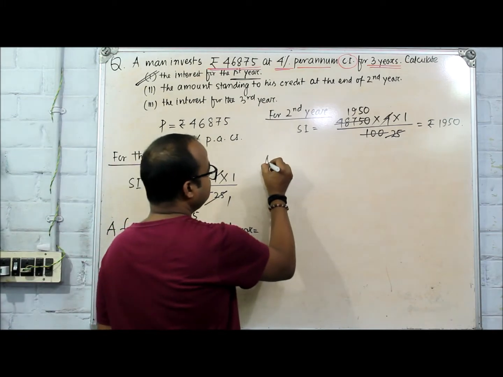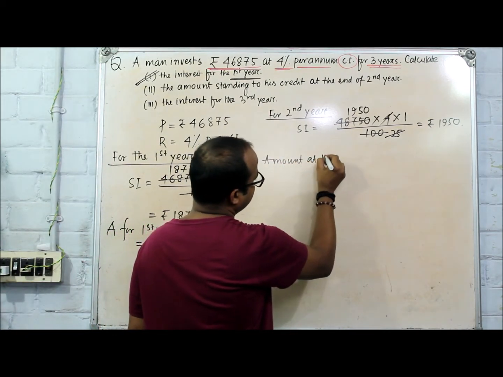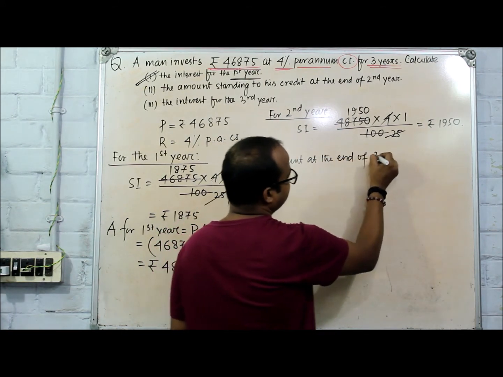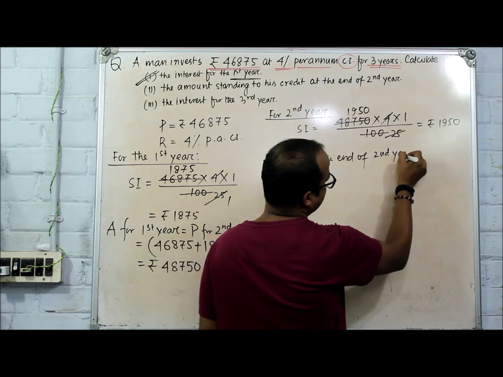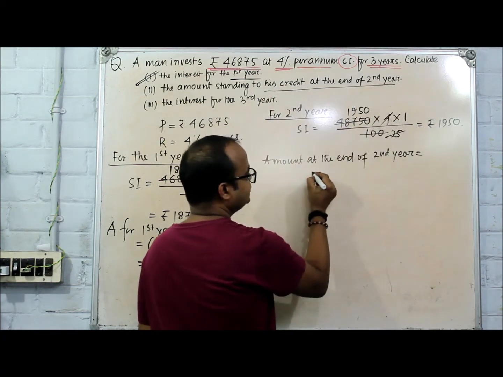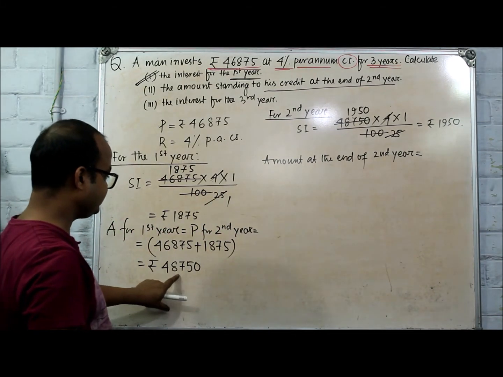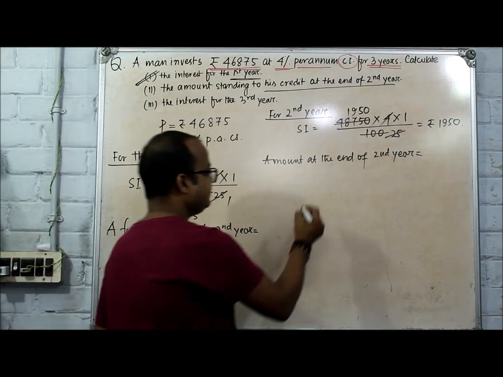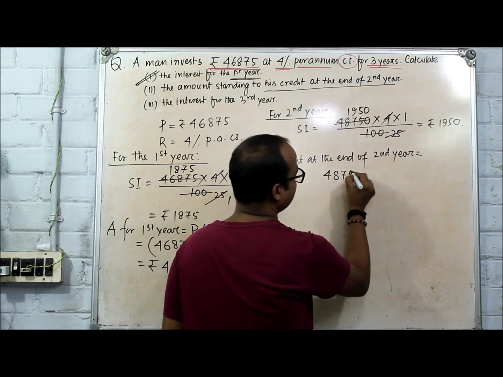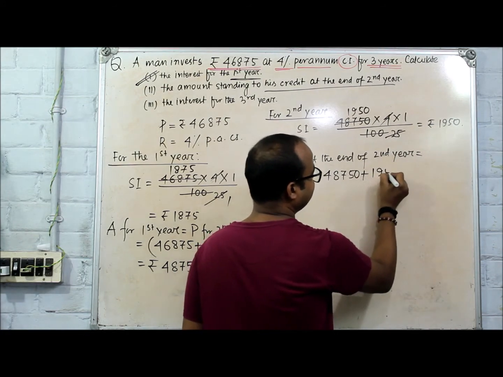So amount at the end of second year, that is his credit at the end of second year, will be equal to, at the beginning of the second year, his principal became 48,750 and interest gained during this period is 1950.